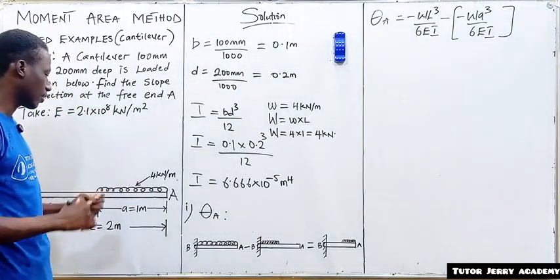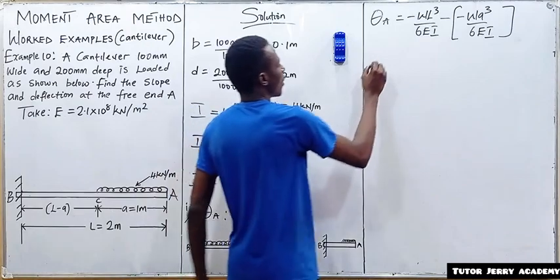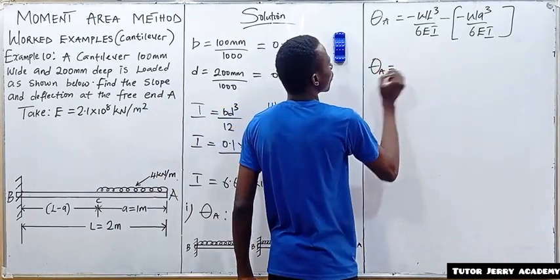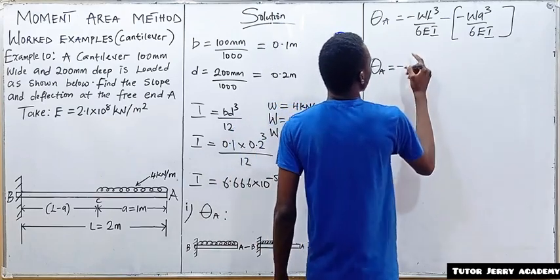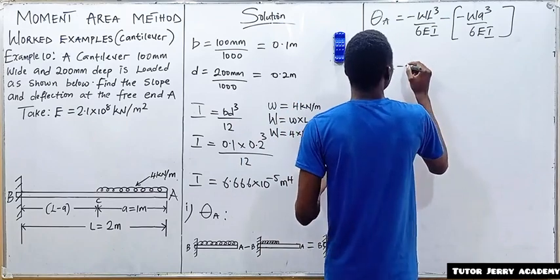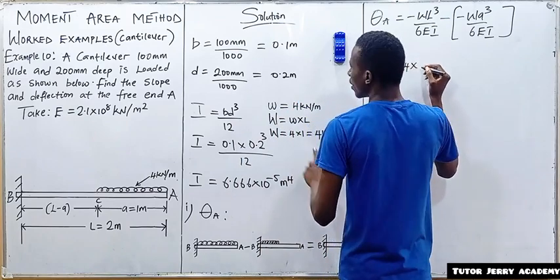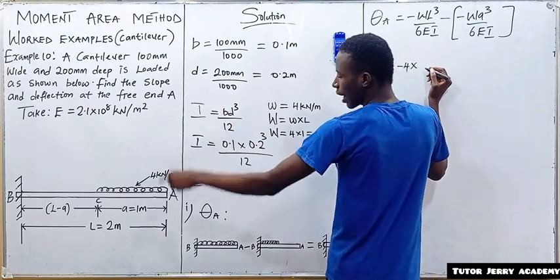our slope at A. Our slope at A will be equal to minus W, which is 4, multiplied by L. Our L, the total length of the beam, is 2.